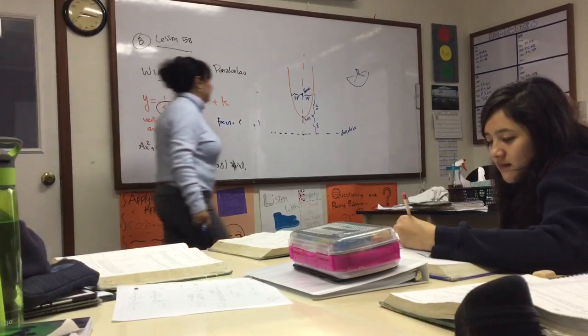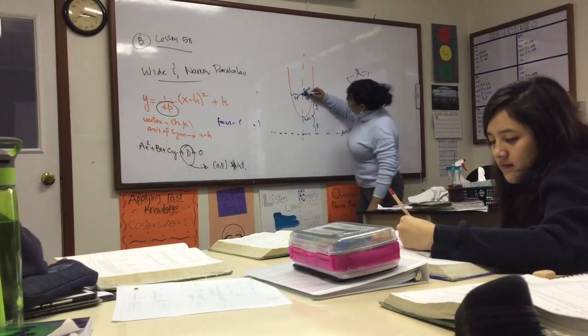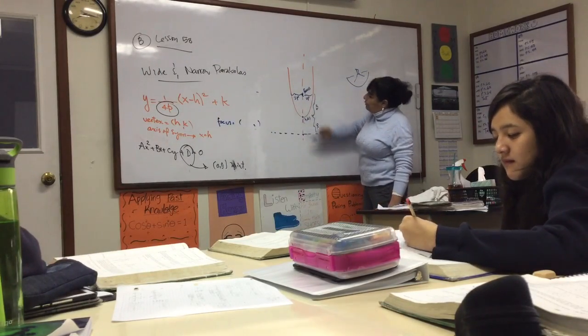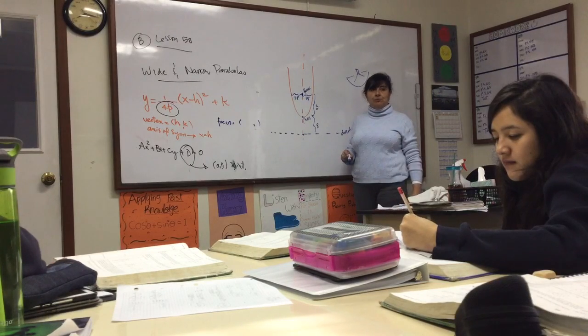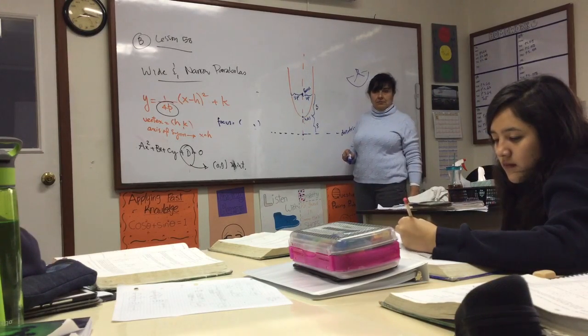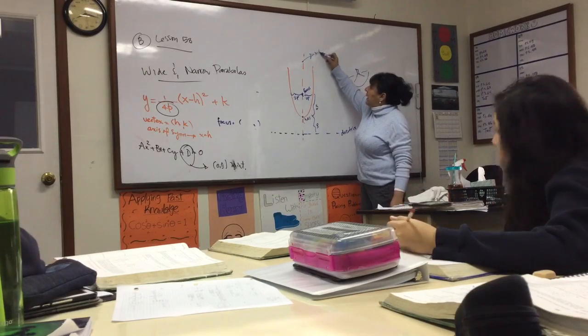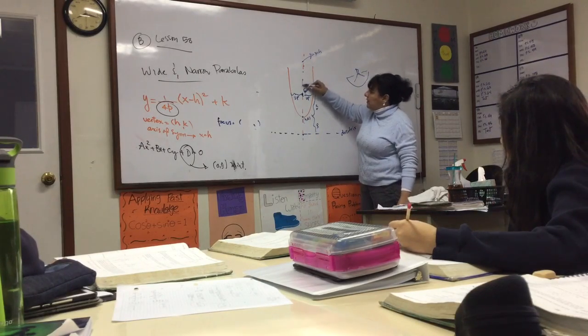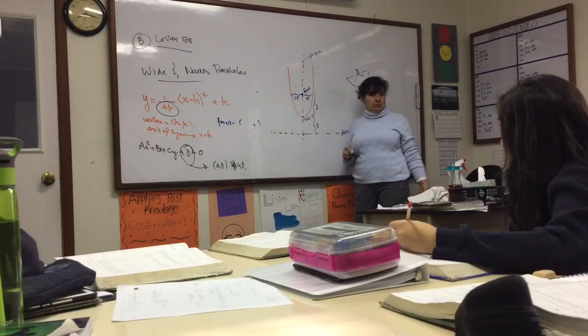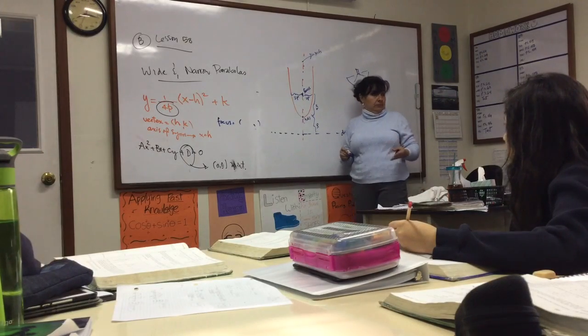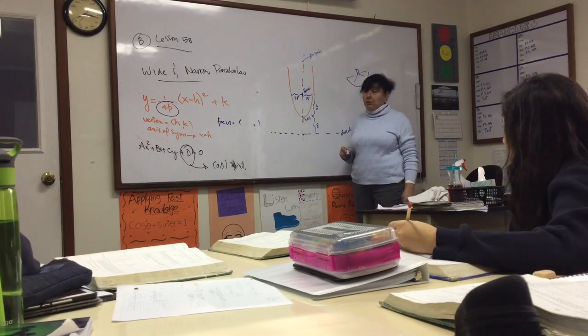Let me start over. What would this point be? Did it move in X or is it in the same place? You remember that this is X equal to H, right? Because all of these points are H, correct? That's why it's a vertical line. Yes or no? Yes. Okay.